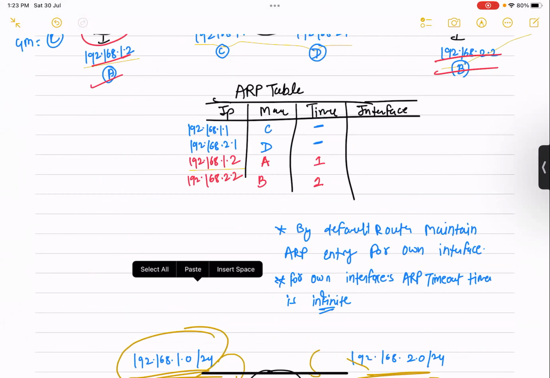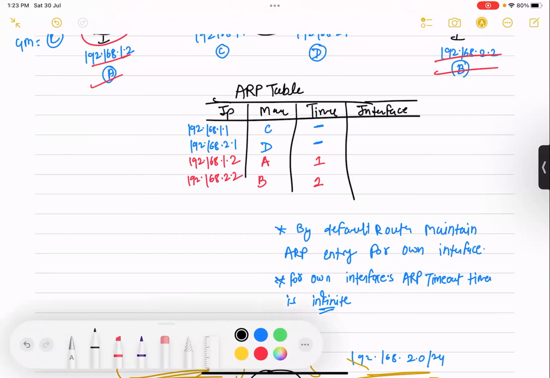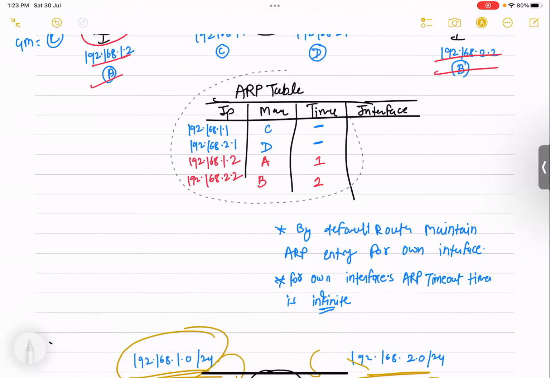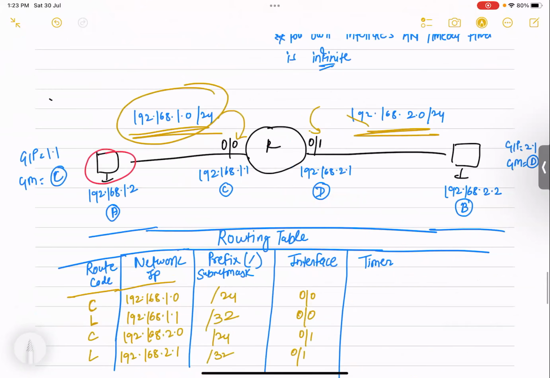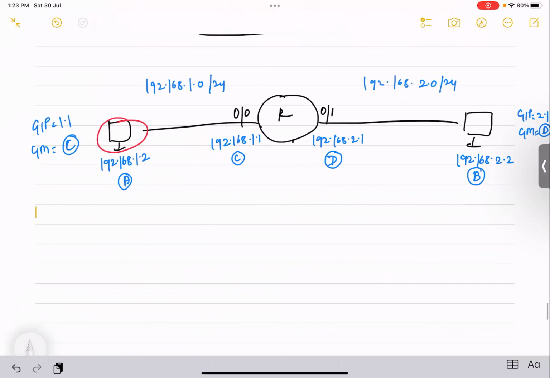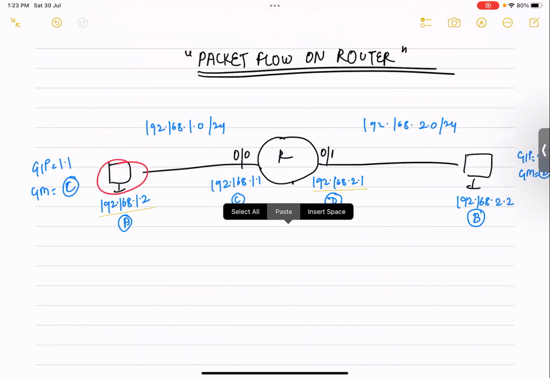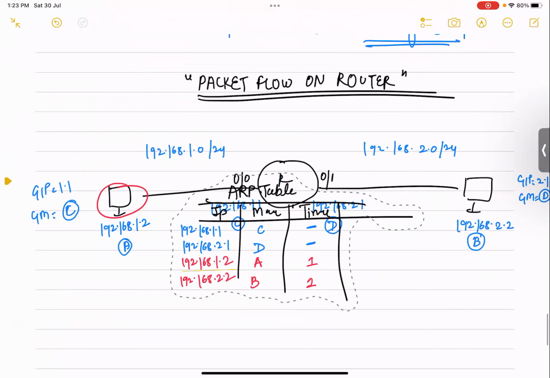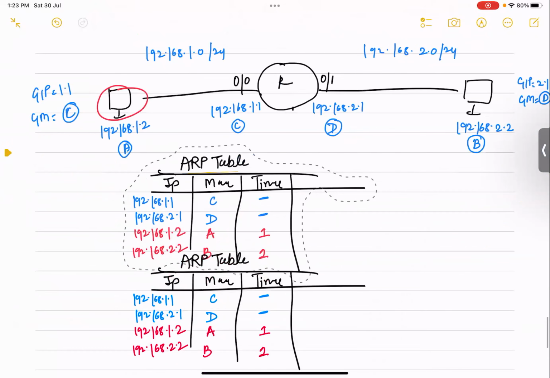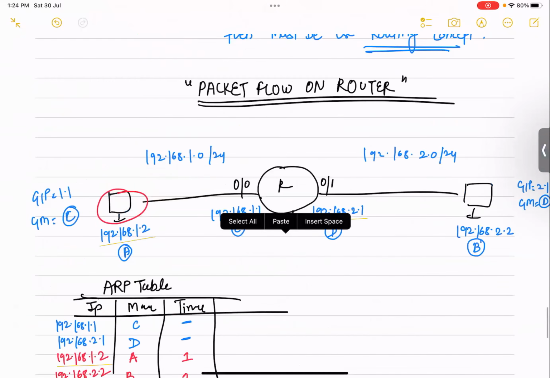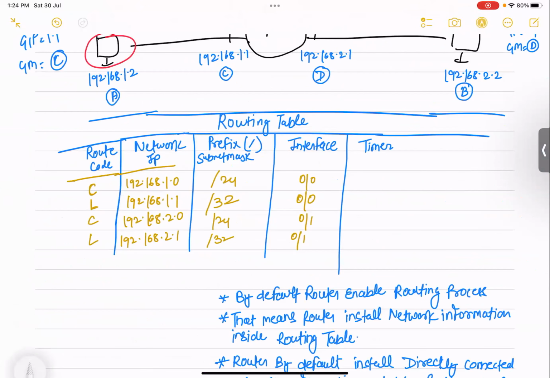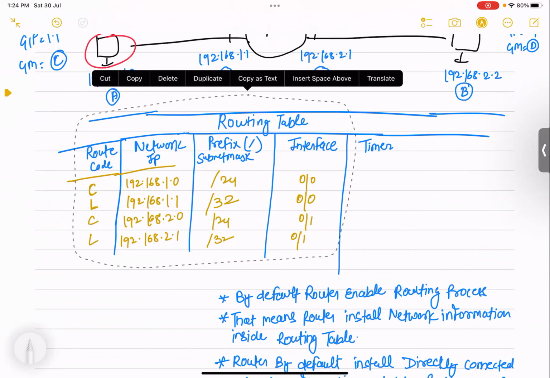We need to capture it, copy this one, go to the next slide. Now we need to capture the routing table, because we need to learn packet flow.